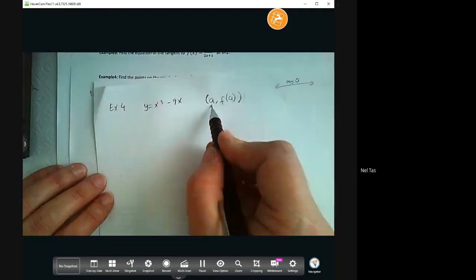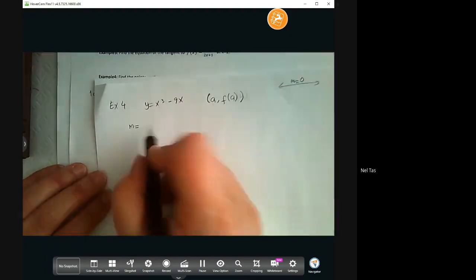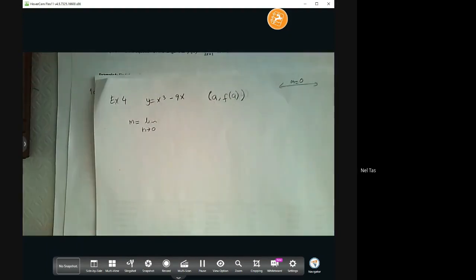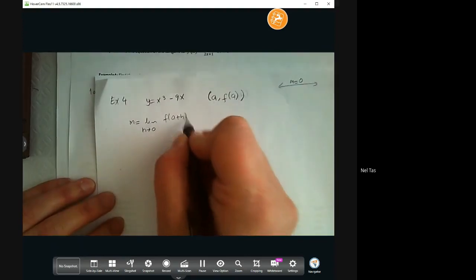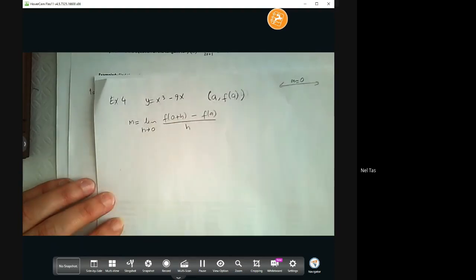So we don't know what a is. That is what we are trying to find out. Okay, so if you write the slope, we say the limit as h approaches 0 of f of a plus h minus f of a over h.